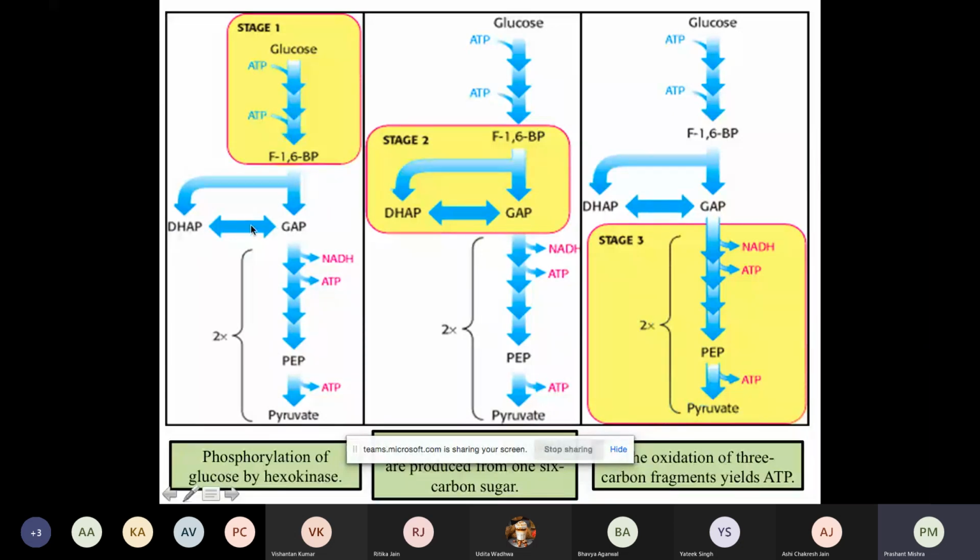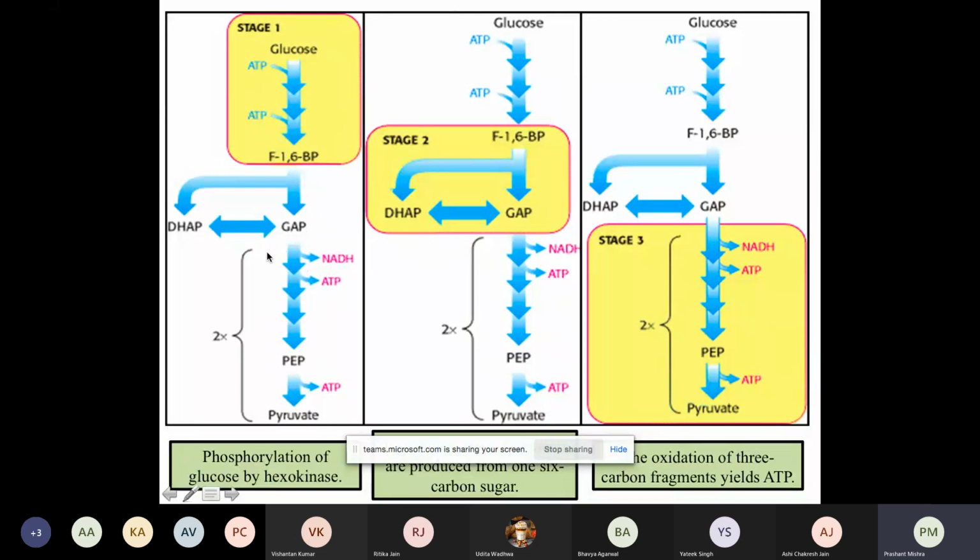We also talked about the interconversion of dihydroxyacetone phosphate to glyceraldehyde 3-phosphate, and this glyceraldehyde 3-phosphate will further enter another stage where you will see the production of NADH and ATP. We'll talk about these reactions, and you will learn how they are important.